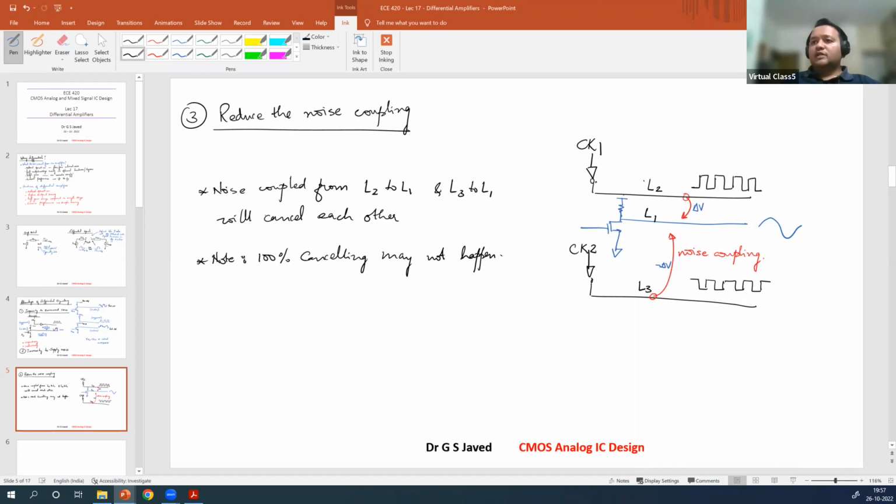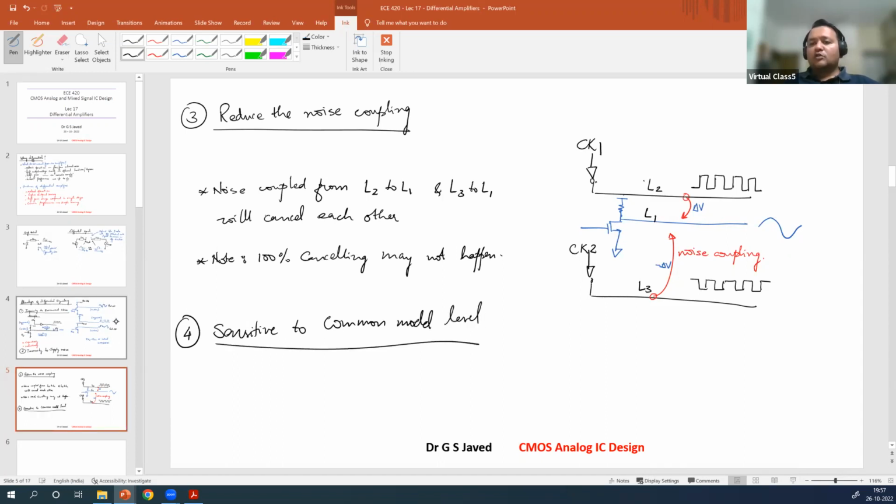Apart from cancelling, another thing that will happen is, because of their noise coupling, you will see that these are sensitive to common mode level. So in case your common modes for these two circuits are different, then your common mode level can take you either up or down.